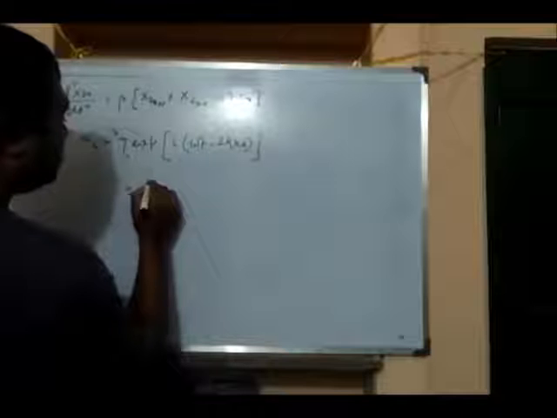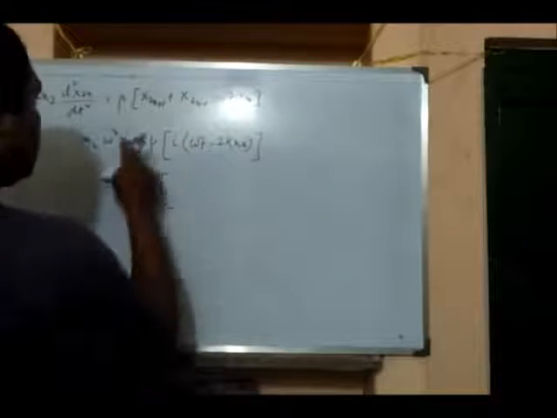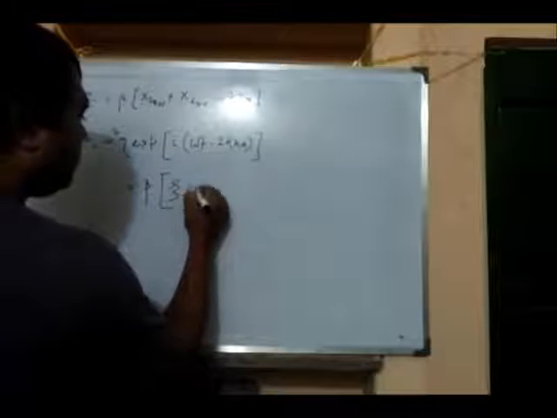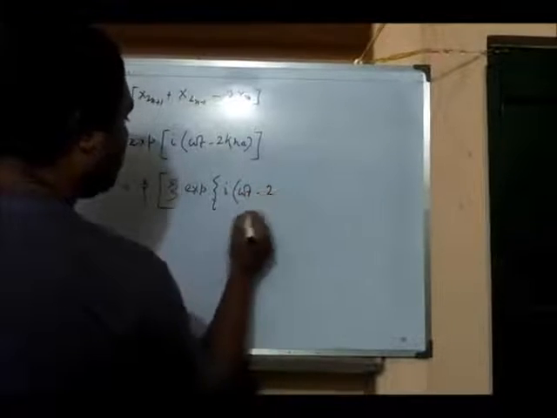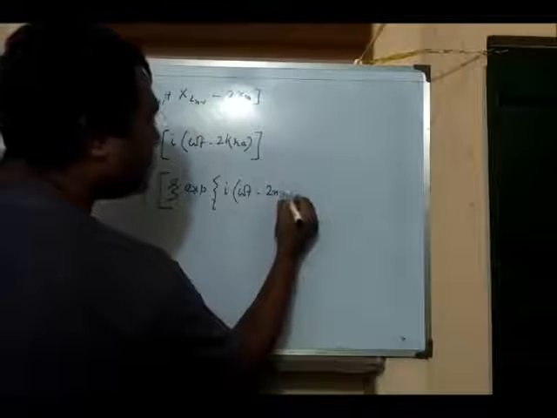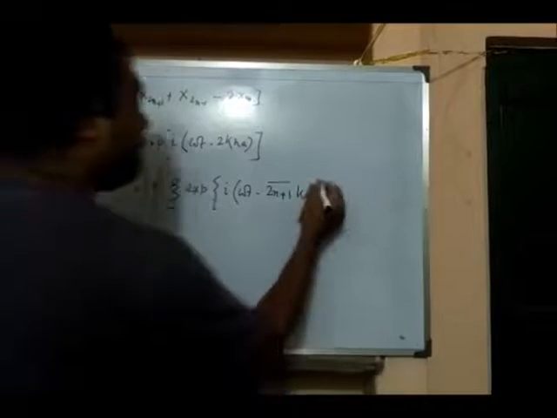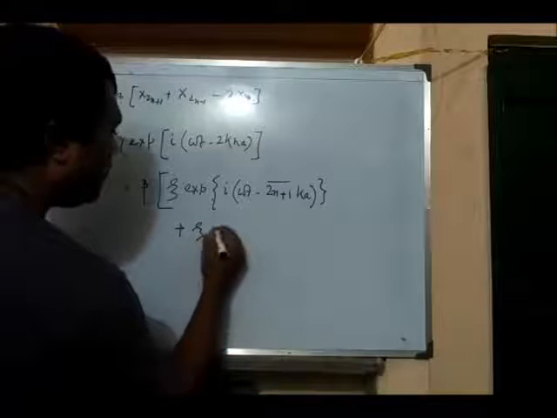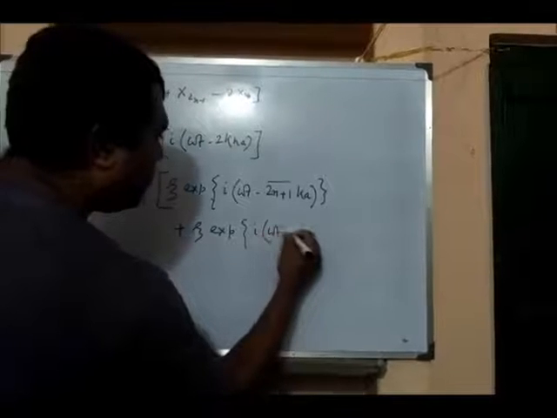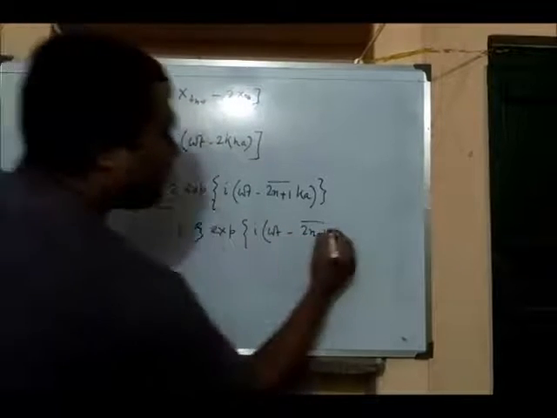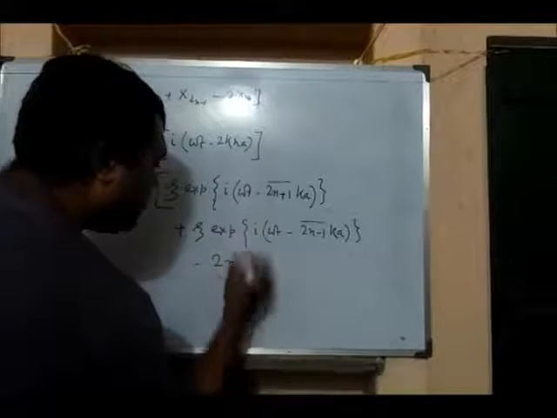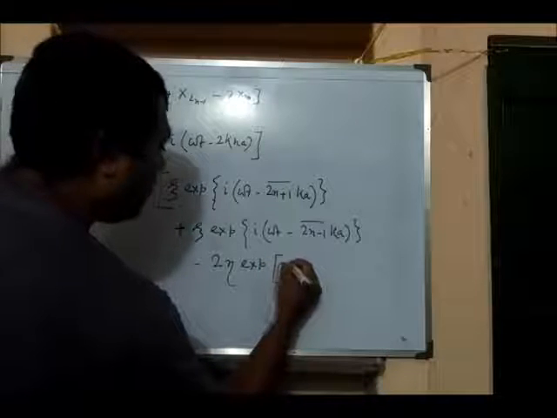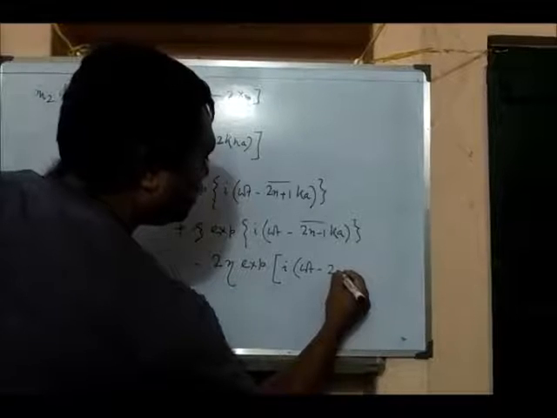This will be equal to β times what we will get, as this is odd, so this will be ξ exponential i(ωt − (2n+1)ka), plus ξ exponential i(ωt − (2n−1)ka), minus 2 times x₂ₙ, so this will be β η exponential i(ωt − 2nka).